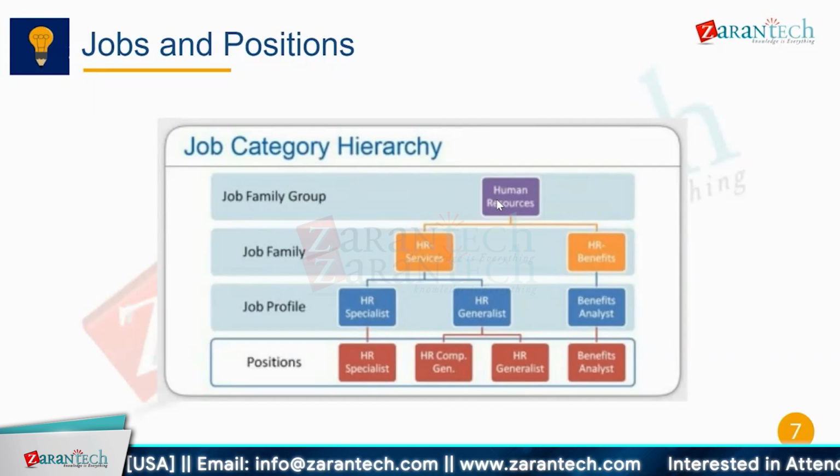And so that can be the next category lower down, which is called the job family. Now the job profile lets you specialize it a little bit more. And that's the HR specialist, the HR generalist, the benefits analyst. It's further breaking down what is needed for a specific position.